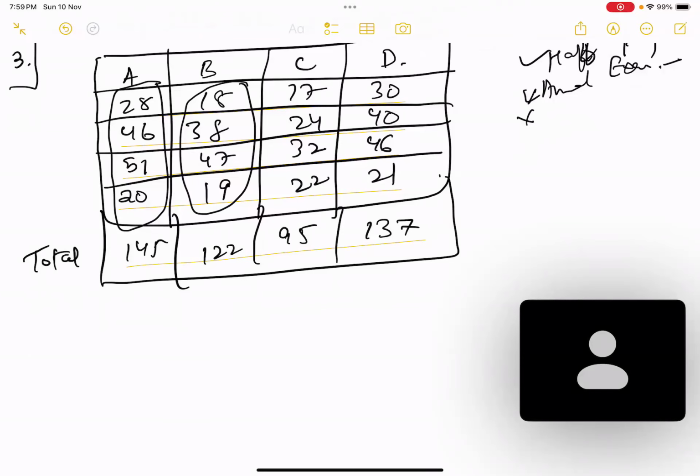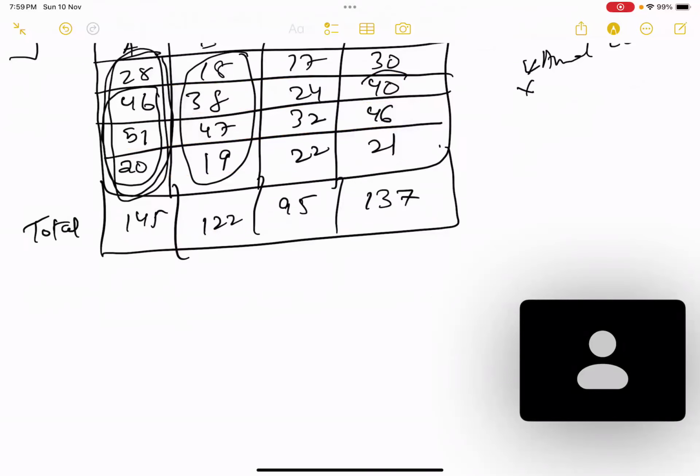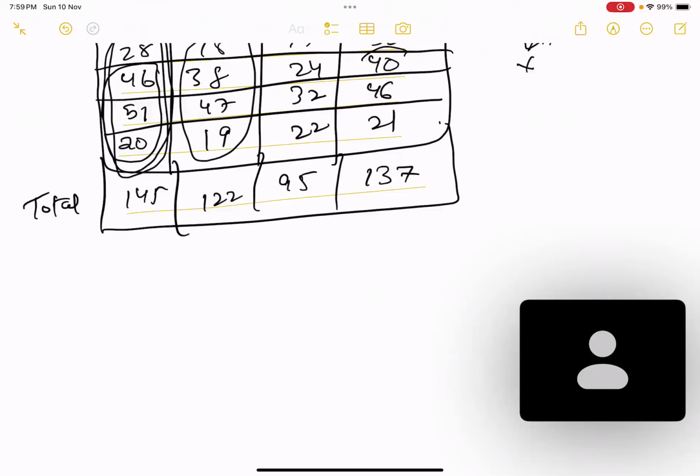It means we have to find in which section the pass percentage is maximum when we take into account the number of students who have passed in both exams, who have passed in half yearly but failed in the annual exam, and who have passed in the annual exam but failed in half yearly.